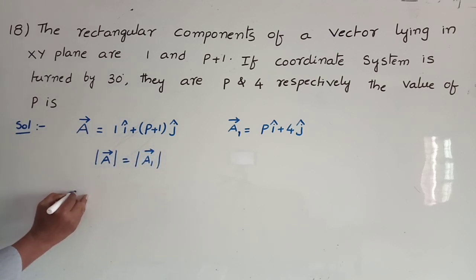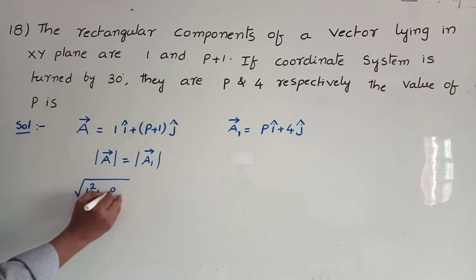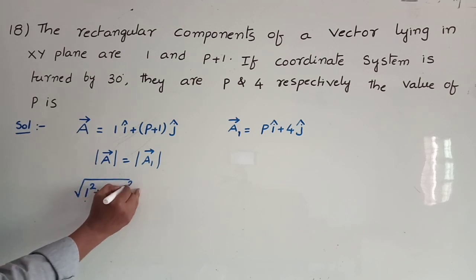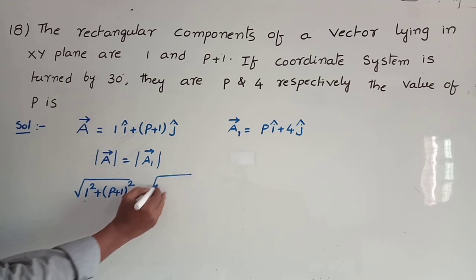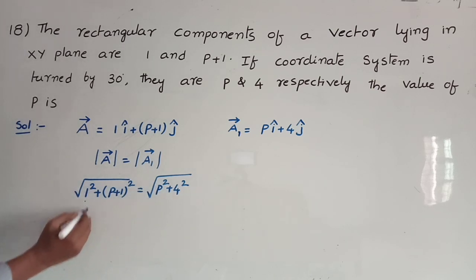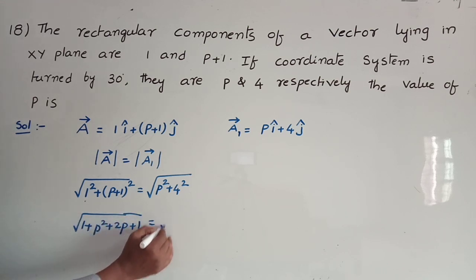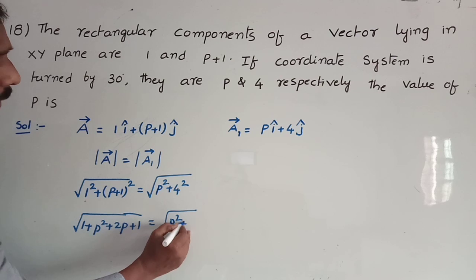So under root of, we can write, 1 square plus p plus 1 whole square is equal to under root of p square plus 4 square. Under root of 1 plus p square plus 2p plus 1 is equal to under root of p square plus 16.